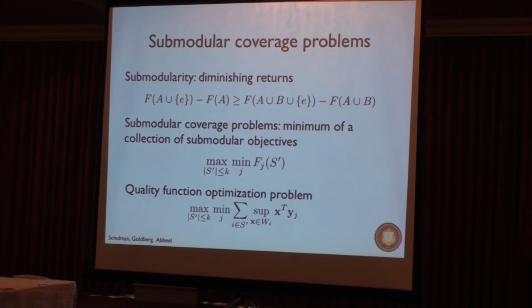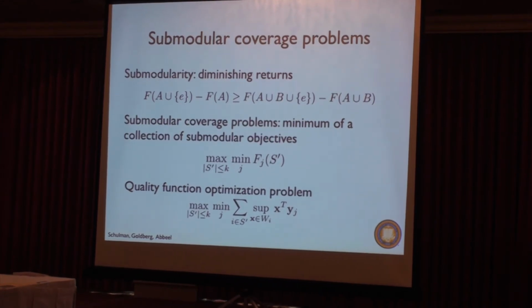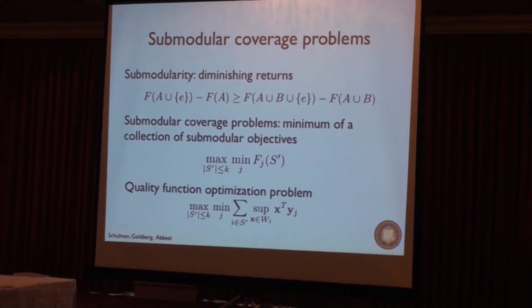And so now I'm going to show that this problem is what's called a submodular coverage problem. Submodularity is a property of set functions that means they have a diminishing returns property. If you add an element E to a small set A, you get less of an improvement to your function than if you add an element to a bigger set, A union B. Submodular coverage problems are what you get when you take a minimum over a set of submodular objectives.